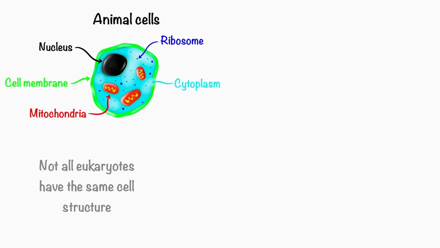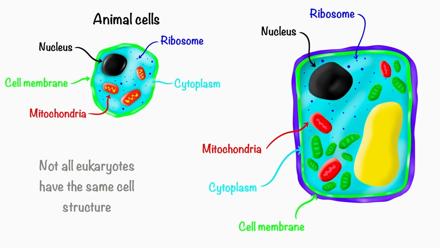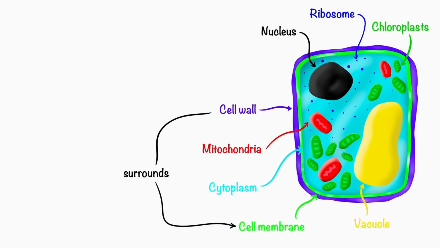But not all eukaryotic organisms have the same cell structure. In addition to all the cellular components found in animal cells, plant cells also have a cell wall, a vacuole, and chloroplasts. The cell wall is a layer surrounding the cell membrane and provides support and structural integrity to plant cells.